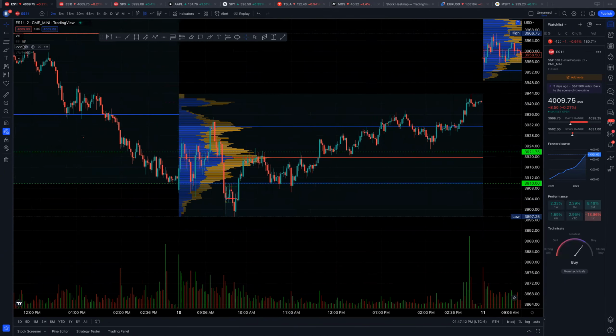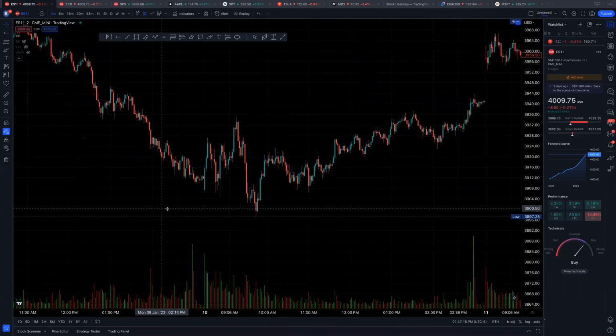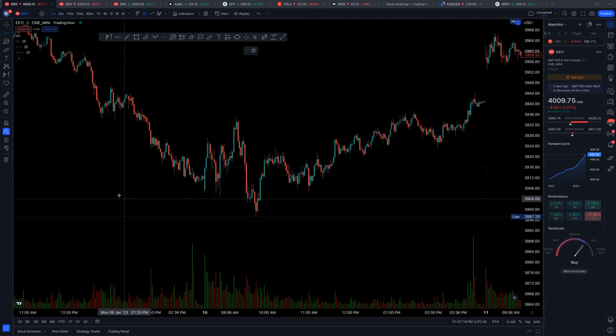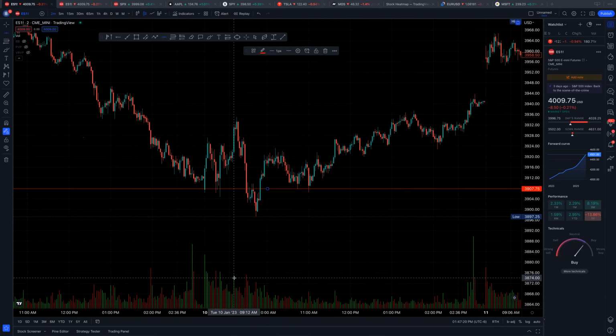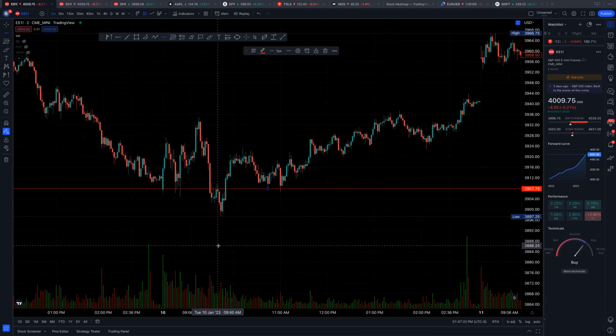So let's hide the indicator and remove drawings. So you can see here that we formed a structure. Basically the trend gets stopped, goes up, gets stopped again, goes up. It tries to continue the trend, but we see this here, and let me draw it.